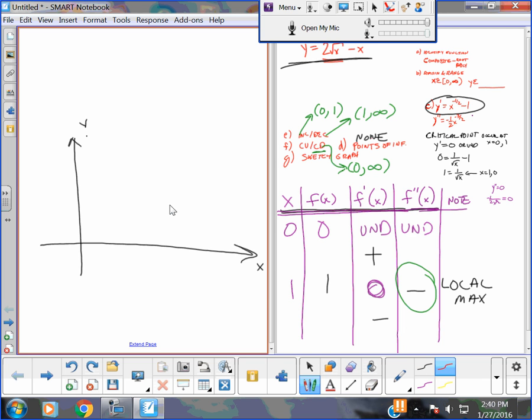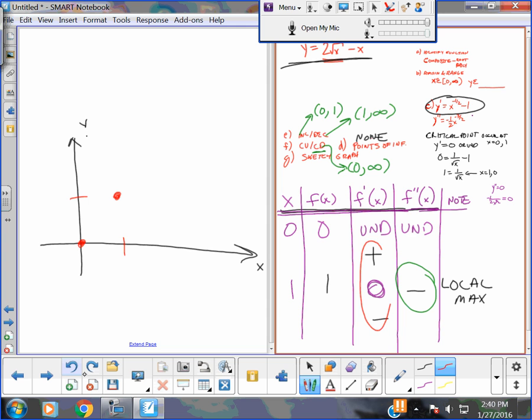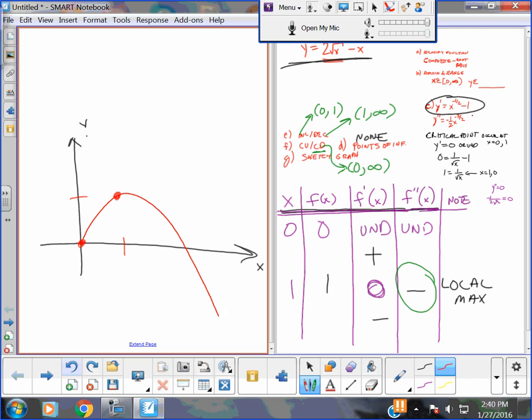Finding the y-intercept at 0, 0 helps a lot. We'll put that on there. Finding the local max at 1, 1 helps a lot. We know that at the local max the derivative is 0, right there on that other page. We know it's concave down, and it's going to look something like that.